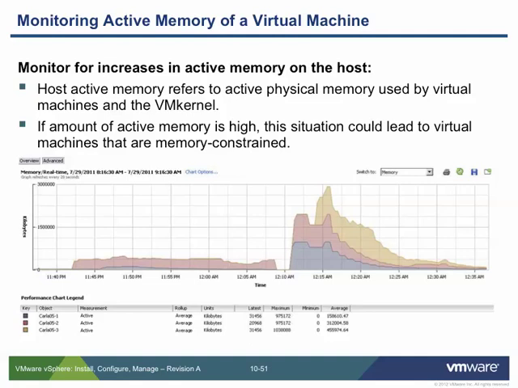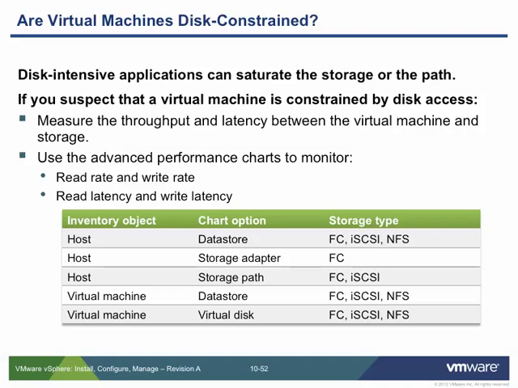This is the amount of memory that is actively being used, actual physical memory. And if you see that your active memory is high, then you can assume you're getting to the point of contention and the point where you may be memory constrained, and again might need to add some more actual physical memory or reduce your load in the first place.